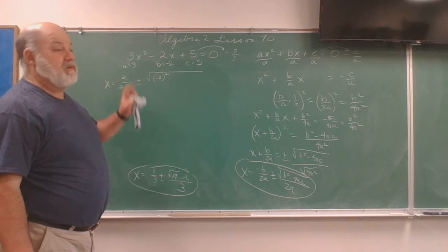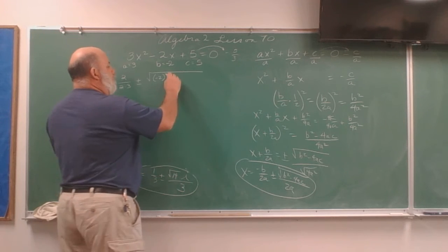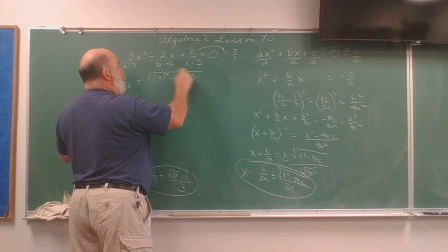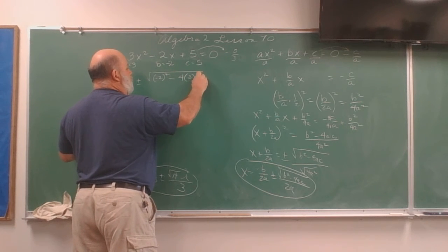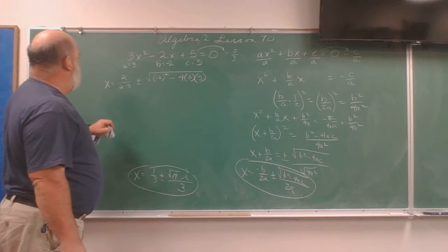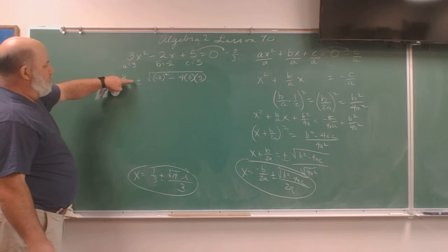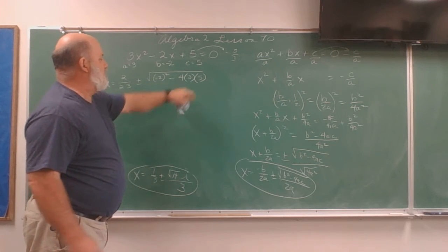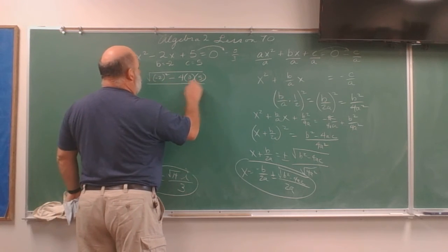Don't forget the parentheses, it's -2 times -2, minus 4 times 3 times C, which is 5. X equals -B plus or minus the square root of B squared minus 4AC all over 2A.